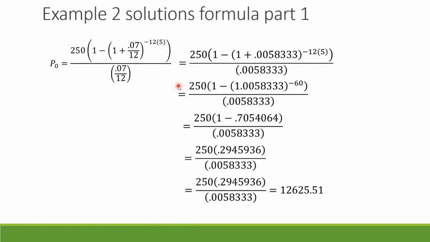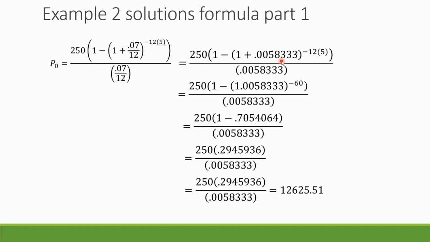Again, what I would do first is 0.07 divided by 12. You could do that in the denominator. This is rounded, because it's a repeating decimal, non-terminating, as they say, so I'm using 7 decimal places. I do the same thing up here.